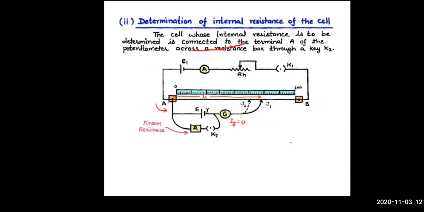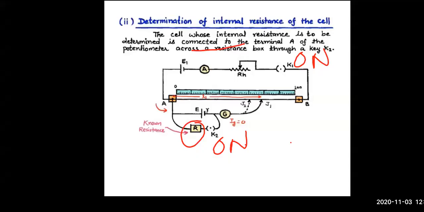This was our first step. Now, for the second step, we are going to switch on K2. This is on and this is also on. So when switch K2 is on, this resistor R is also connected in the circuit. Right? The external resistance is also connected in the circuit.